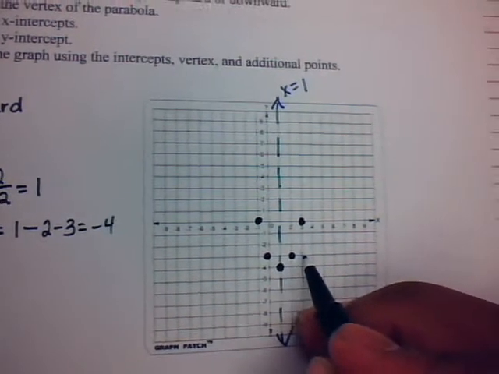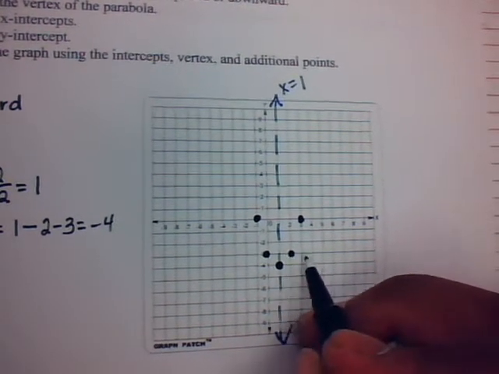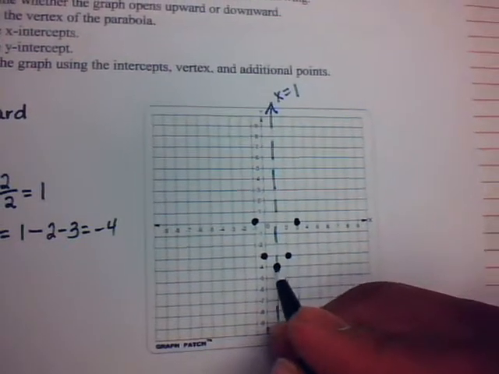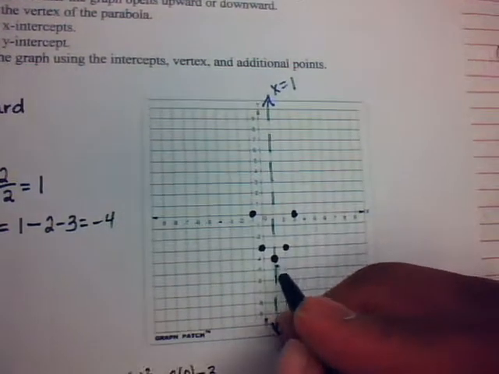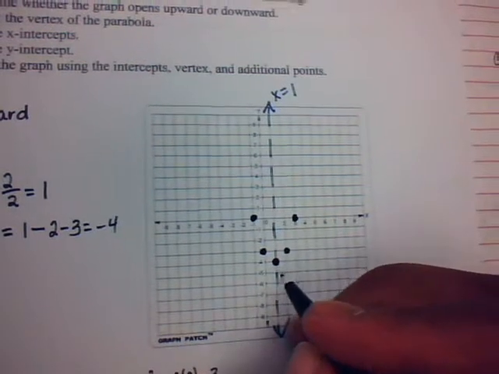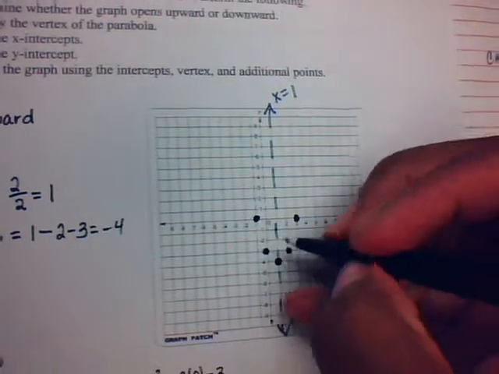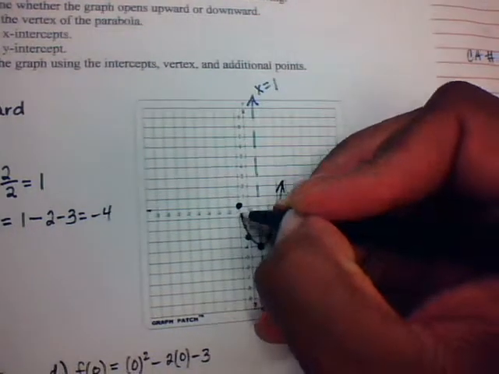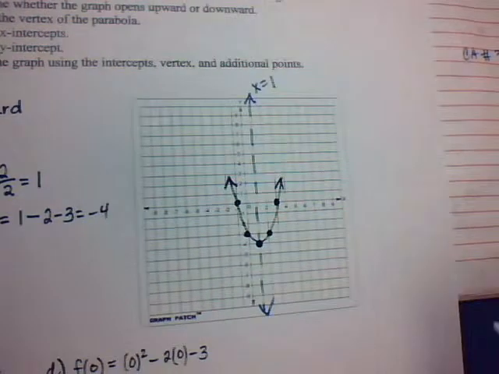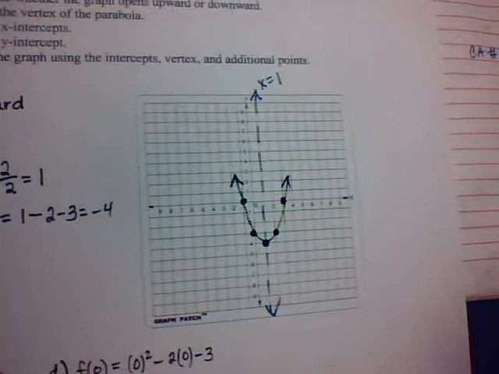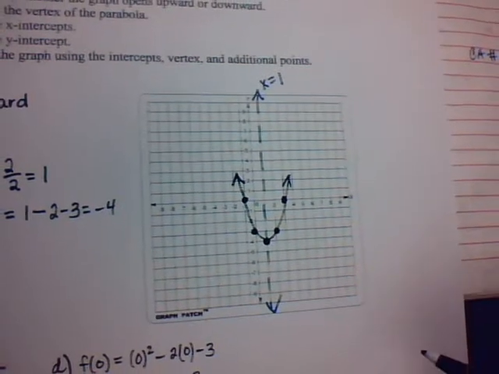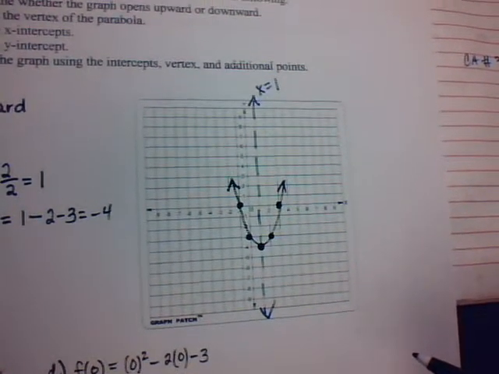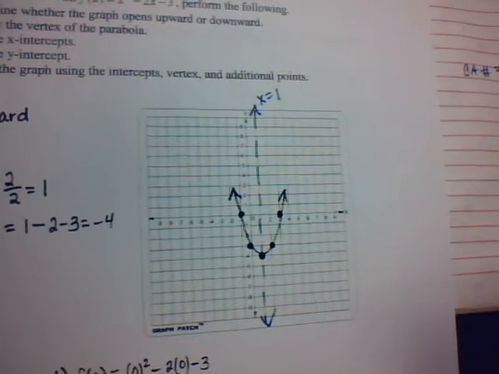The other point to the right of that axis of symmetry must be one unit to the right, because symmetry means that the left side is the mirror image of the right side. So these are all the points that I need to draw the graph of that parabola, which is, of course, f of x is equal to x squared minus 2x minus 3.